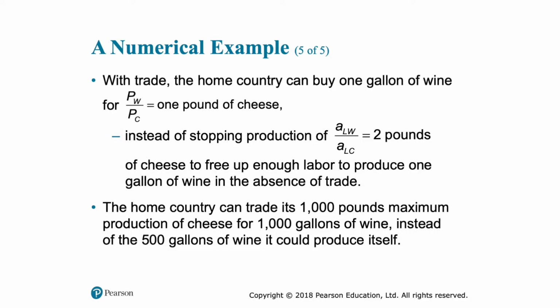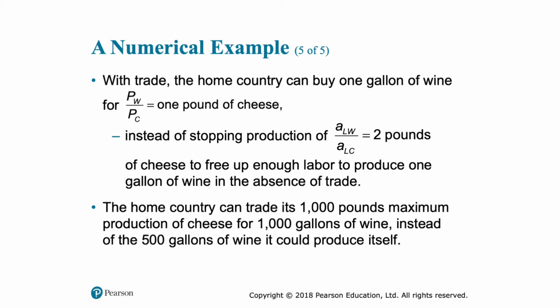Then I'll ask you to calculate the wage rate after trade in home and foreign, right? Actually, all of this calculation is one candidate of the midterm exam questions.